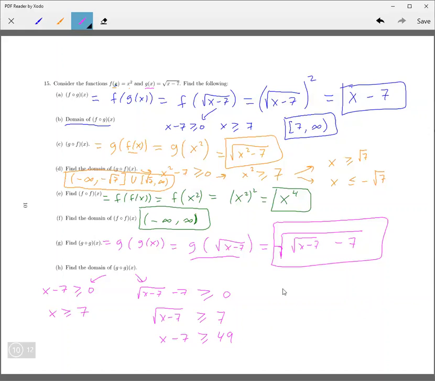So just a warning. I'll say it after. But add 7 to both sides, and you get 56. You need to satisfy that and that. But if you're greater than or equal to 56, then you're greater than or equal to 7. So this one's going to work. This is needed.